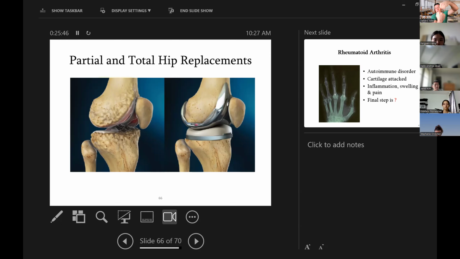Every time you walk is bone grinding against bone. So at this point, there's nothing to be done but to replace this joint with an artificial knee right there. So you're literally going to have to cut through the joint and then attach this metallic joint right here. Not a fun thing to do.